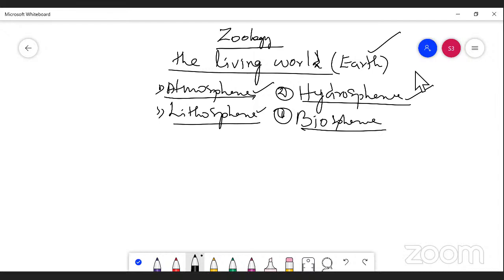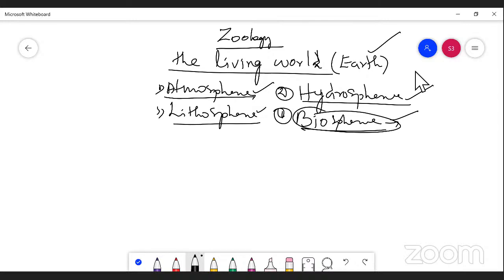The biosphere means the living organisms found in these four parts, which hold a large number of living species. Varieties of living organisms and different life forms live on the earth.